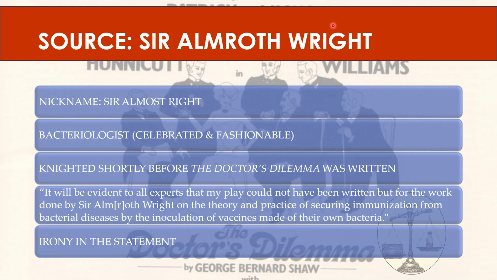He received his title Sir, that special honor, just a little while before this play was written by Shaw, and it is said that G.B. Shaw credits Almroth Wright as his source of information on medical science.